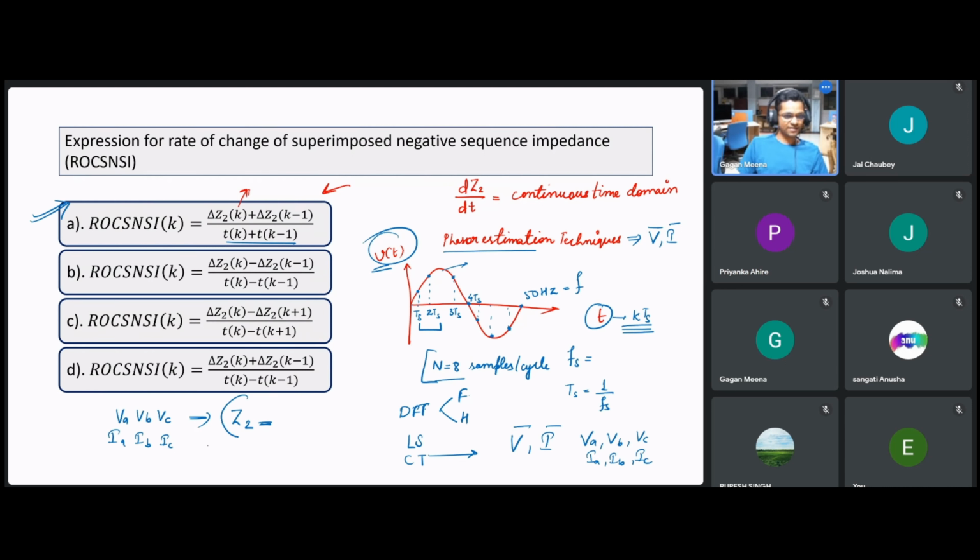So for measuring this, we want the rate of change of superimposed negative sequence impedance. To measure the rate of change, we first need this negative sequence impedance. So how are we going to calculate the negative sequence impedance? Can you tell? Anybody recalls that?